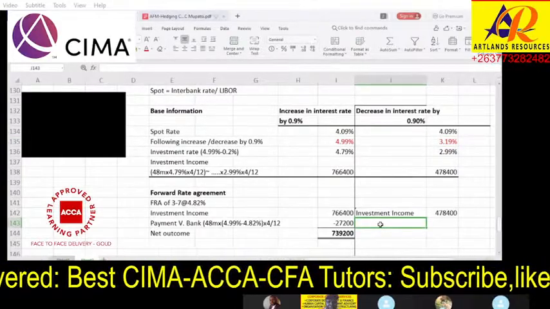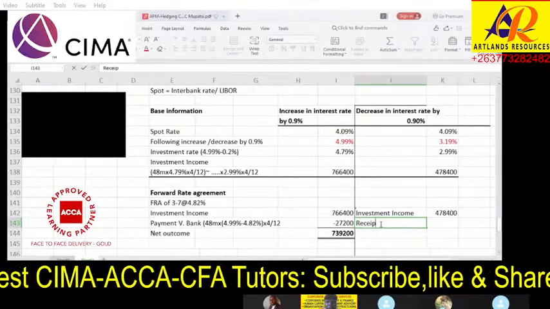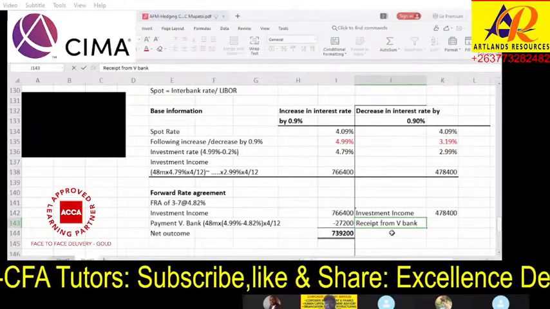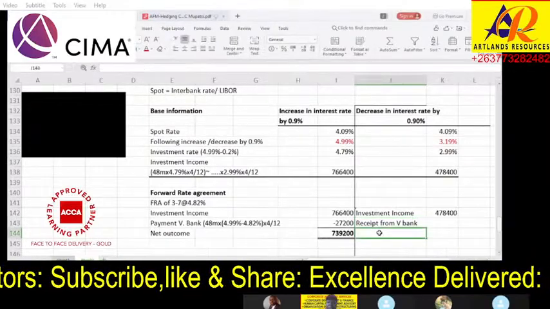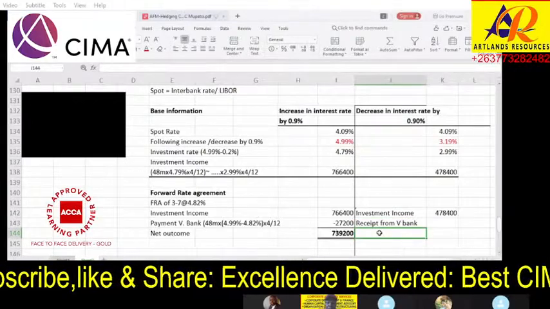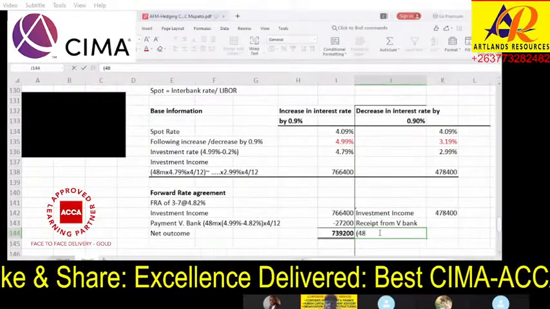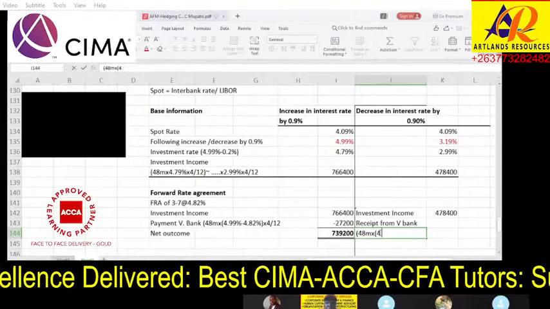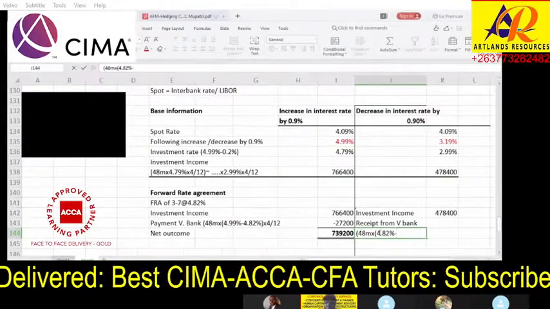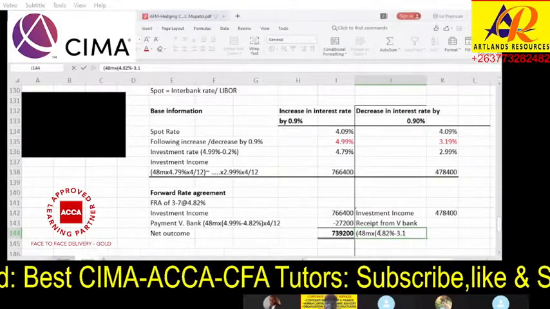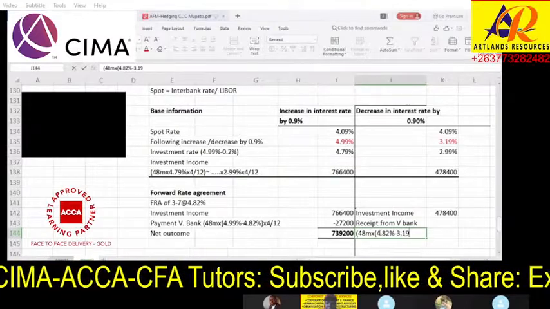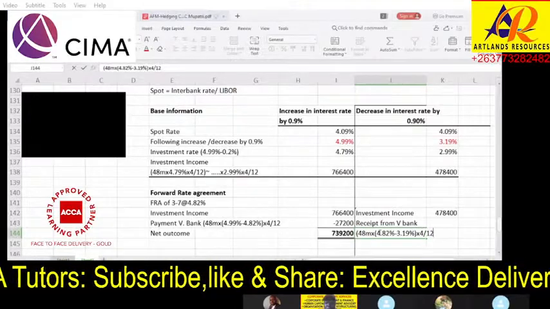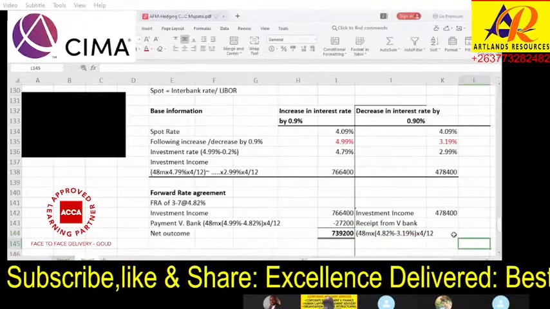So you say receipt from the bank. Again, receipt from the bank, you simply say equals 48 million times open bracket 4.82% minus 3.19% close bracket times 4/12, because these are annualized rates and the loan is for 4 months.